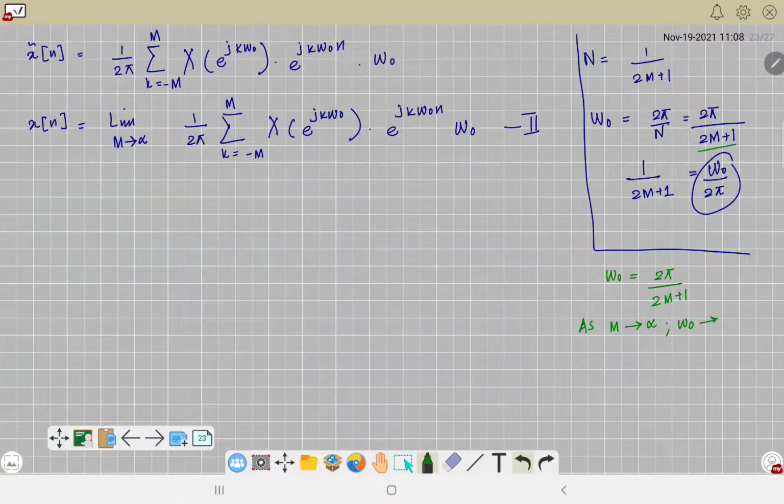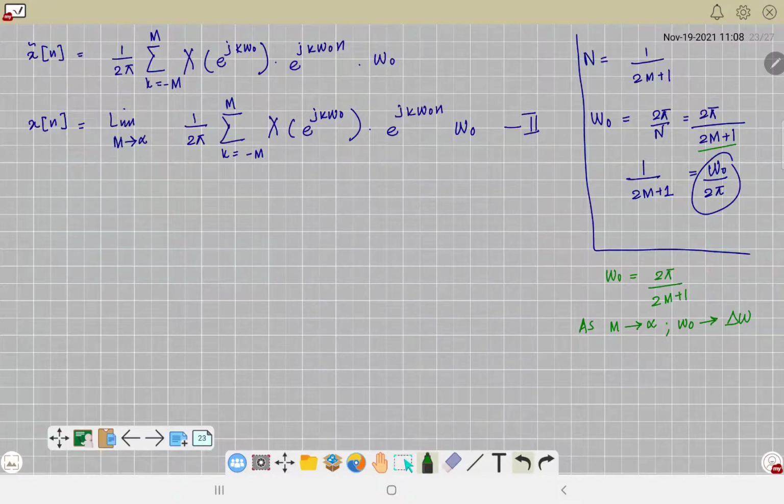So we can say omega naught tends to d omega, a small value. Before proceeding, let's say delta omega. Then as we proceed to limits, we'll turn the summation into an integral. Anyways, since M tends to infinity, omega naught will tend to a very small value. We could call that delta omega.